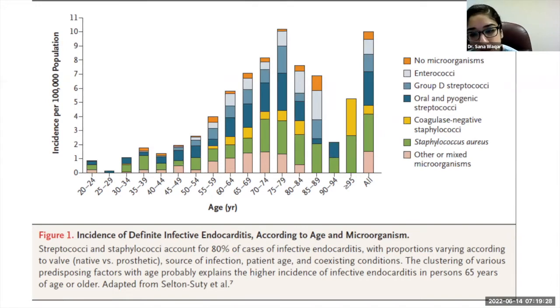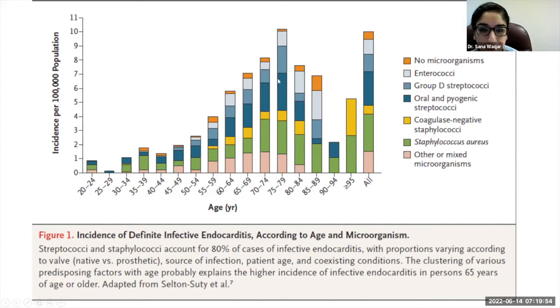So the organisms that cause endocarditis in the younger age group are very aggressive organisms such as Staph aureus, so either MSSA, which is methicillin susceptible Staph aureus, or MRSA. So the very virulent organism in the setting of hopefully a relatively normal heart valve is what's causing the infection in the younger age group.